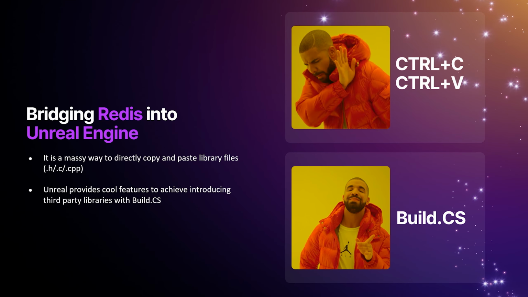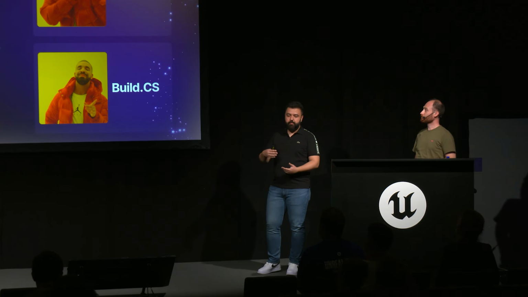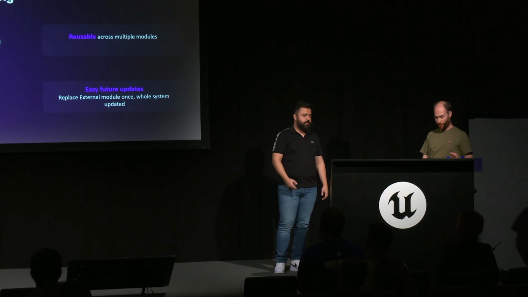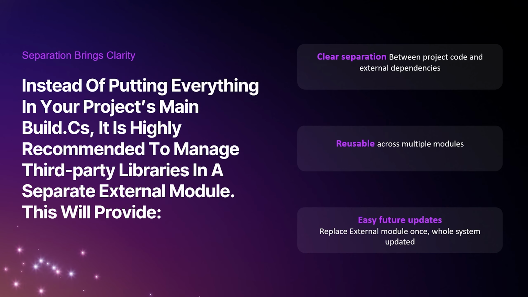Once you have the library, it's a messy way to directly copy and paste all the files like header, C, and all other files. Instead, Unreal provides useful features to introduce a third-party library with Build.cs. Before we dive into Build.cs, let's talk about how separation can bring clarity.